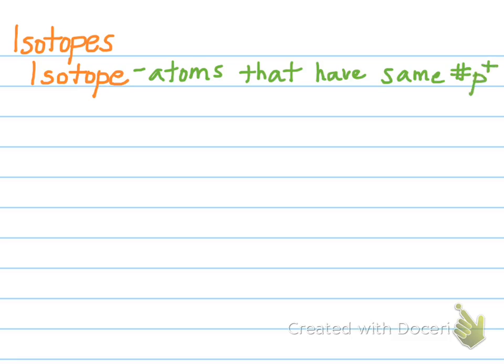Now, while you catch up on writing that, I want you to think about why it is that these atoms have to have the same number of protons. But a different number of neutrons.